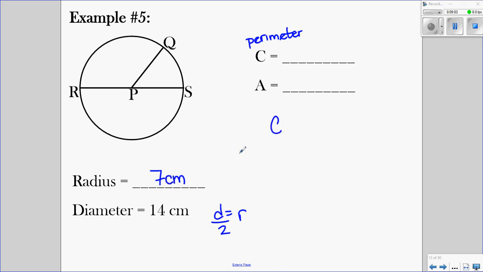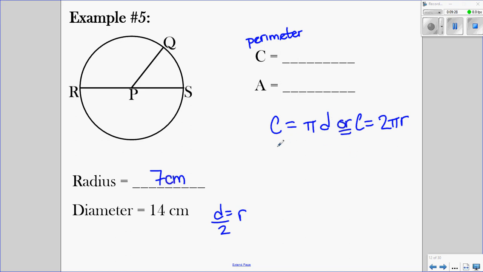If you didn't find the radius, you'd still have to, because you need it for the area. You could have either used pi d, or you could have used 2 pi r. And that 2r replaces the d because you need two radii to make a diameter.